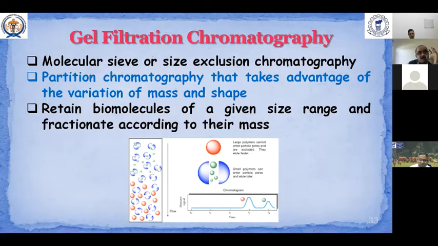In this chromatography, biomolecules of a given size range are fractionated according to their mass.